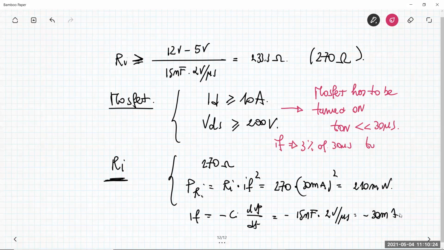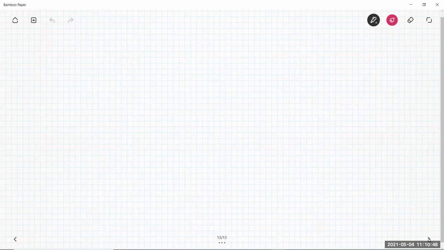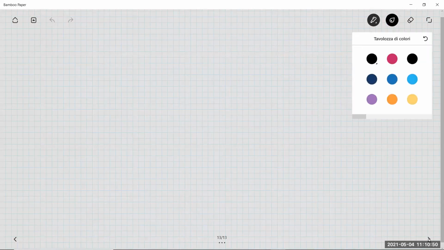That means that T on should be, for example, 900 nanoseconds. The interval should be expressed as a few percent of the total 30 microsecond interval. So, how can you drive this MOSFET?